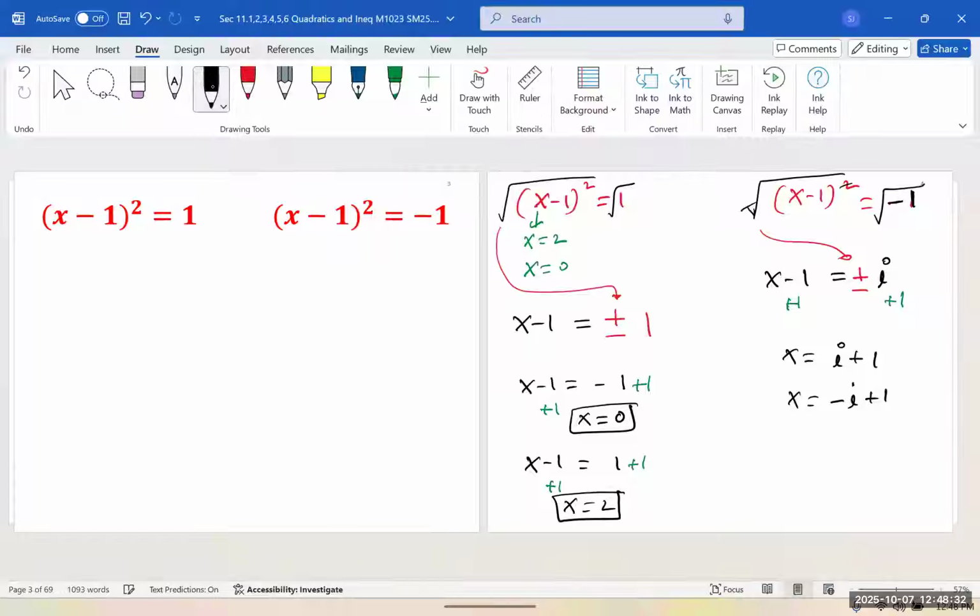Do you remember what the format is for any complex number? A plus bi. So even though they're not wrong, they're not acceptable either. We have to write the real number first. So x equals 1 plus I and 1 minus I.